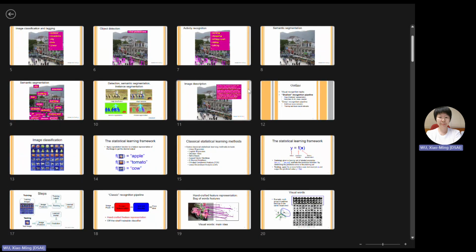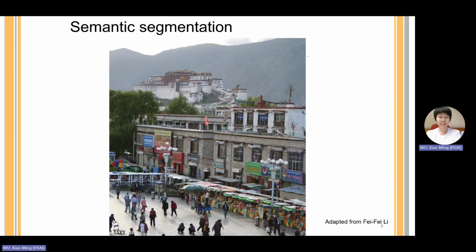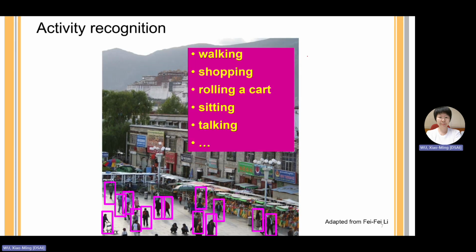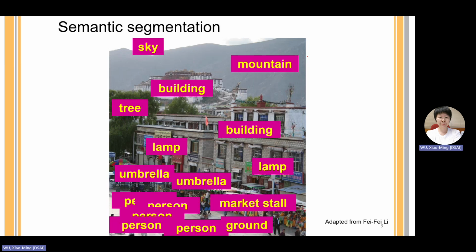Semantic segmentation is another typical or basic task in computer vision. It involves dividing the image into different regions, or equivalently grouping pixels into a class.